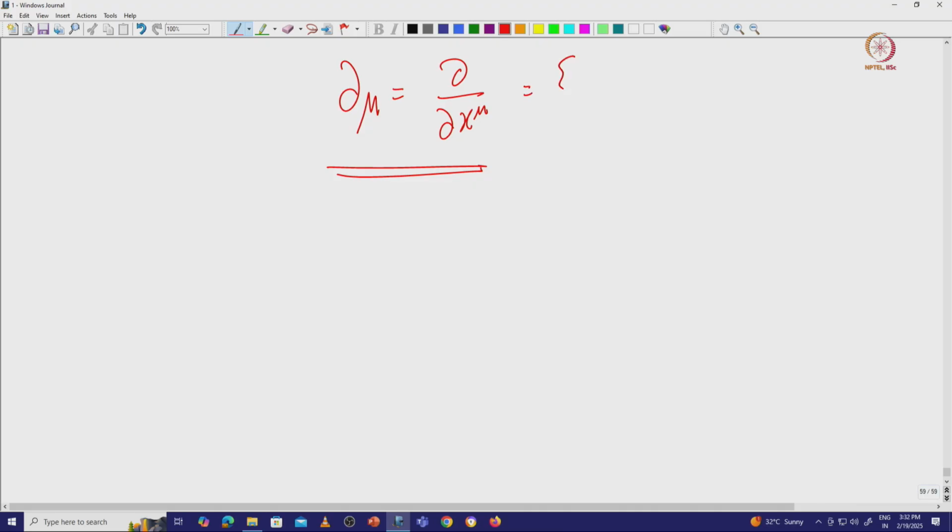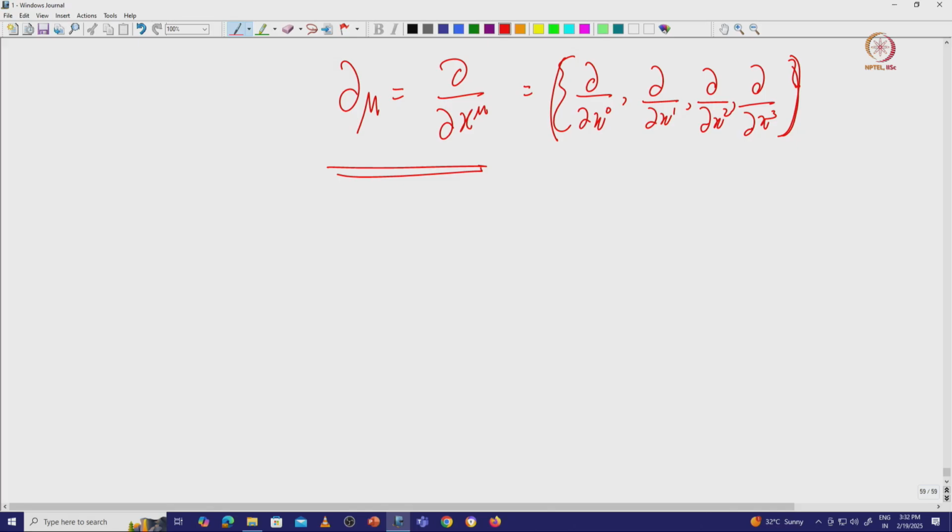So you can think of it as del by del x 0, del by del x 1, del by del x 2, del by del x 3. So it is a 4 vector. Similarly, you can also have del mu with the upper index, which is the contravariant part of del mu.